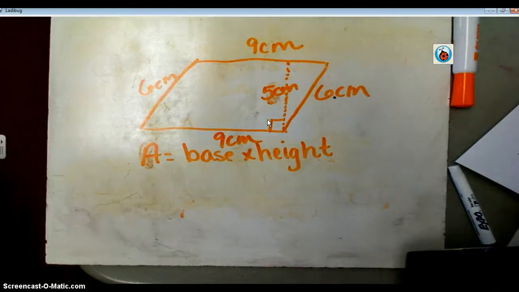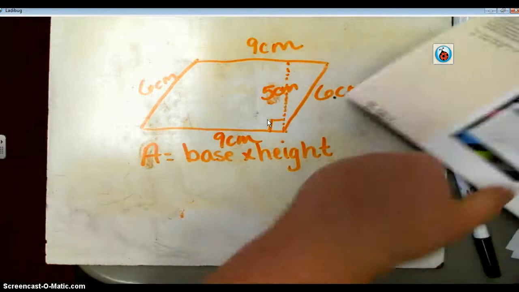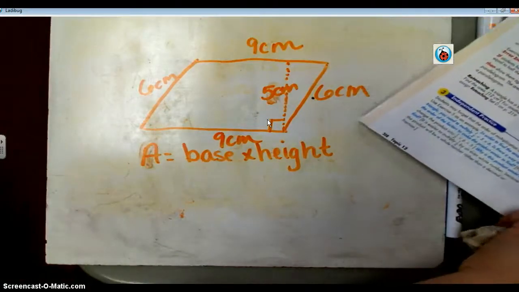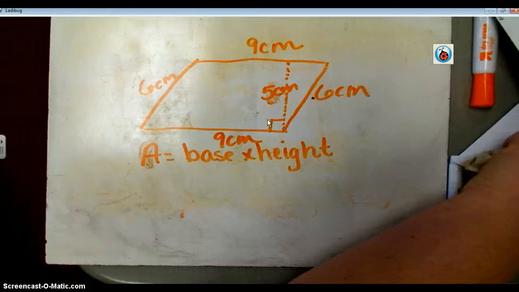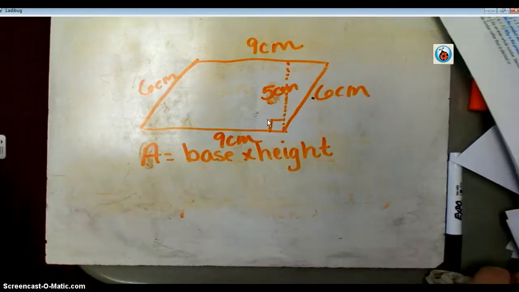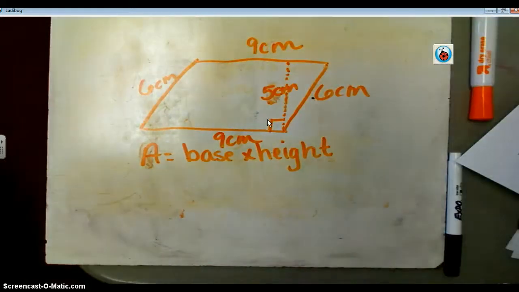On your board, write it down very quickly. Just do 9, 5. You tell me. All right.